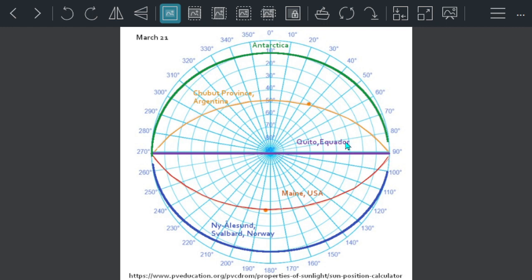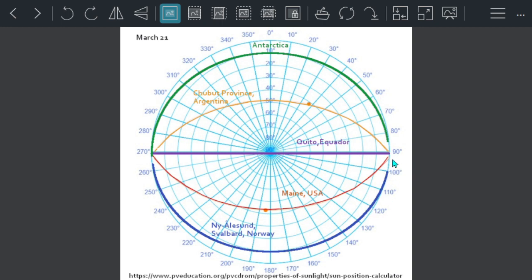So if I'm north, I'm going to be seeing these lines. Okay, I'm looking south, and I see this. Everybody at the equinox, we're seeing the sun, there's a little variation, but the sun is basically going 90-270. That's why it's an equinox. And so this is what you would see looking from the north looking south.